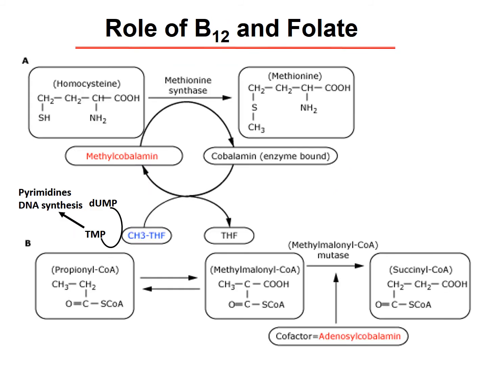Now, this cartoon represents the role of B12 and folate. As you see here, folate is very important in DNA synthesis. The tetrahydromethylfolate gives the methyl group for thymidine and pyrimidine synthesis.